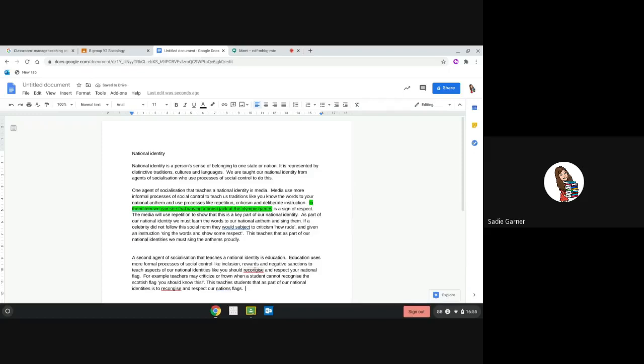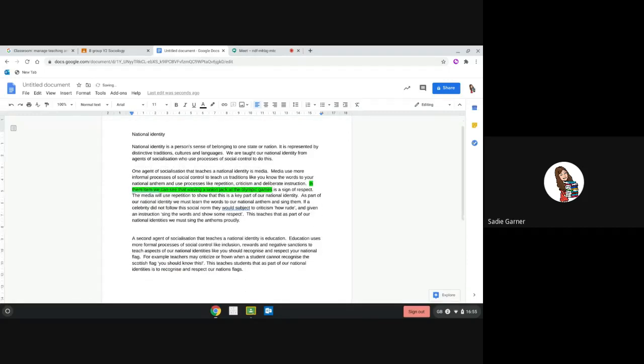So part of the national identity is to sing the anthem, and to know and recognise your national flag and treat it with respect. You could give an example, for example, in the US, where they salute the flag every day. So they use repetition, and obviously criticism if you didn't stand up and salute the national flag. I'm keeping mine more United Kingdom based.